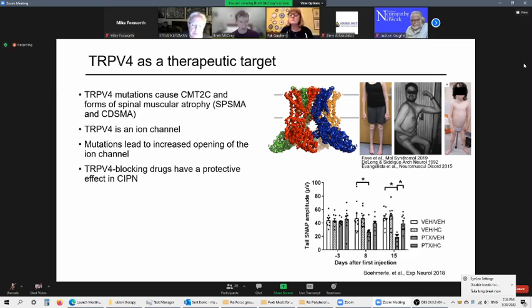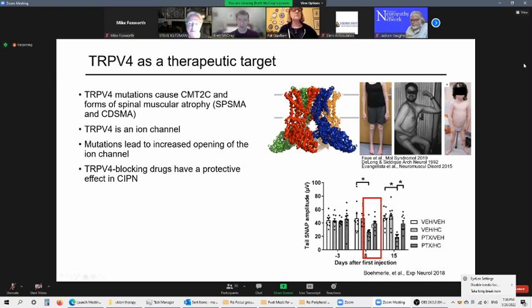But what's also been shown is that these same drugs that block TRPV4, and we think might help these people that have mutations in TRPV4, actually also protect in chemotherapy-induced neuropathy. Without going into too much detail, basically what these graphs show is that this lower bar here is if you give a mouse a chemotherapeutic agent to cause their nerve response to go down, essentially giving them neuropathy.